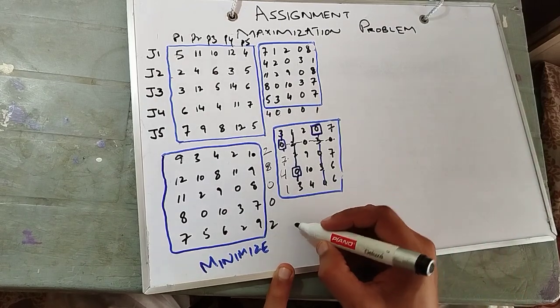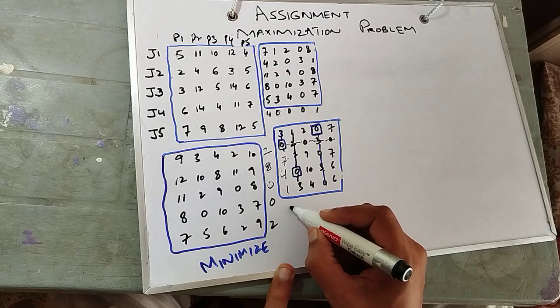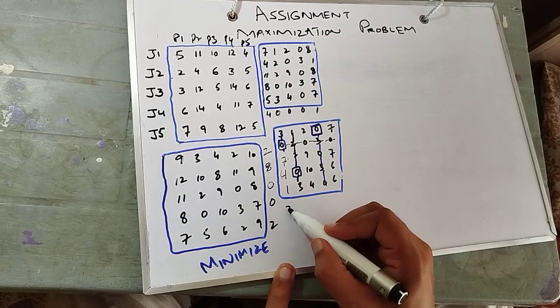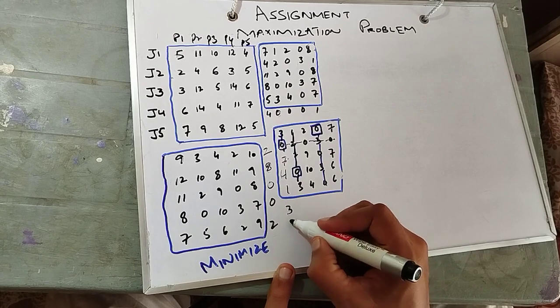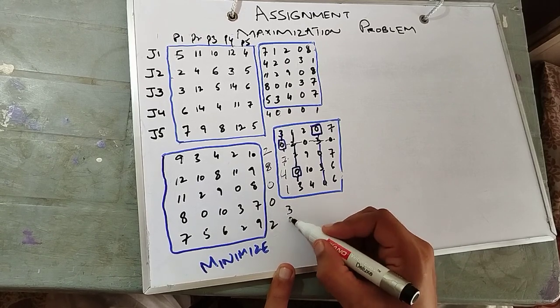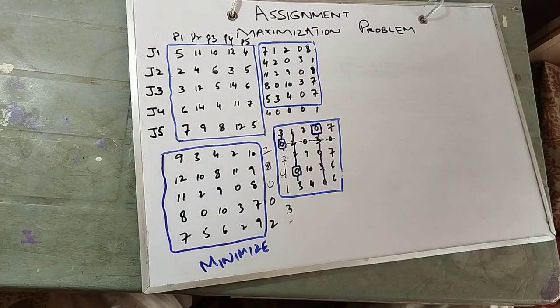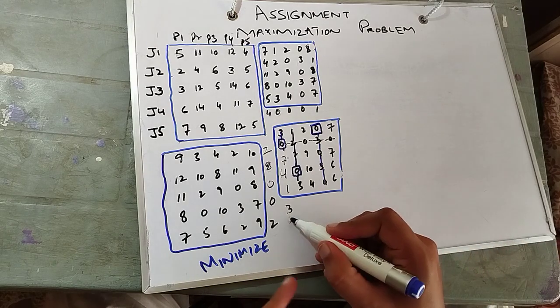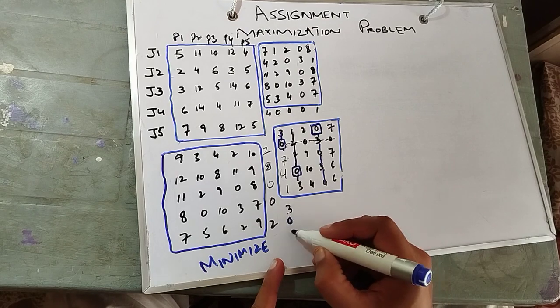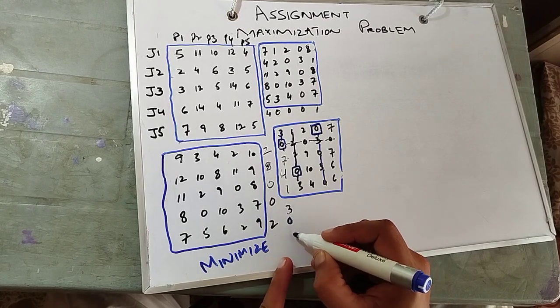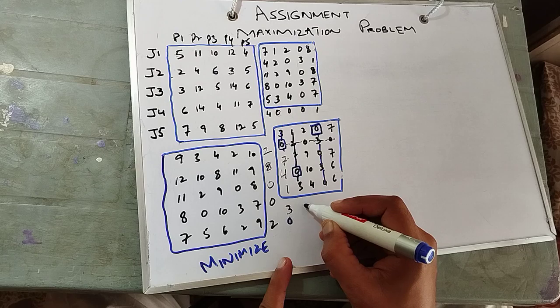So we will reduce it with the 1 and copy the rest. 3, 0, 3, 0, 1.